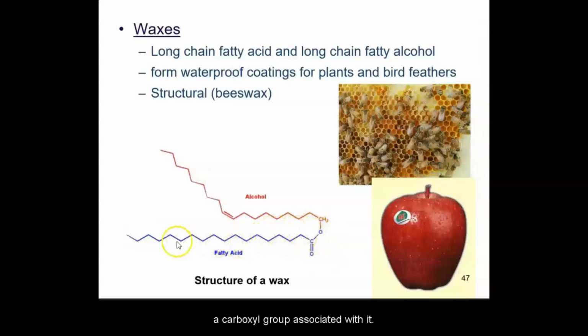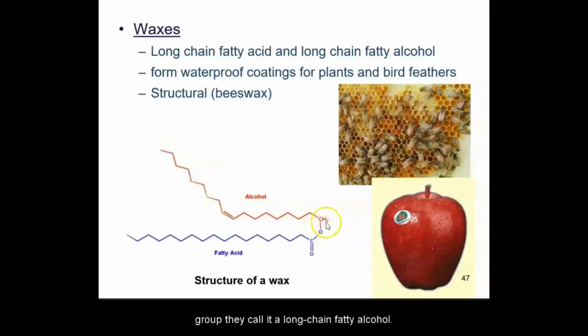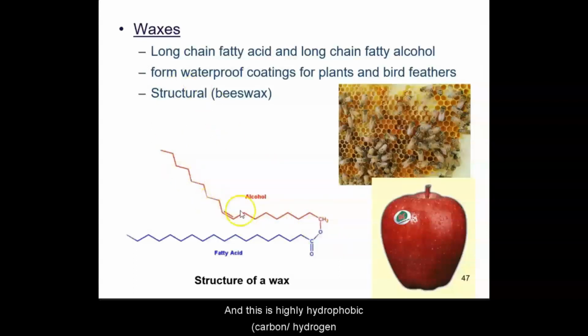So this is a fatty acid chain, where the carboxyl group was a reactive group that served as an attachment point for a long chain hydrocarbon with a hydroxyl group. Because it has a hydroxyl group, they called it a long chain alcohol. And this is highly hydrophobic, a carbon-hydrogen skeleton. Here you have this that has a double bond.